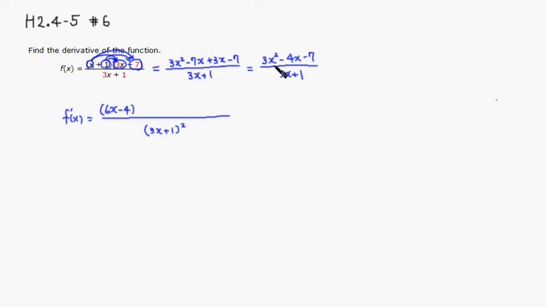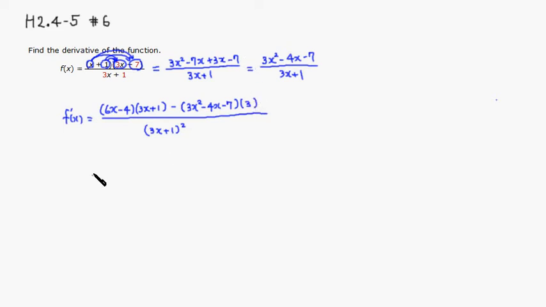Times the bottom, which is 3x plus 1, minus the top guy, which is 3x squared minus 4x minus 7, times the derivative of the bottom guy, which is just 3.